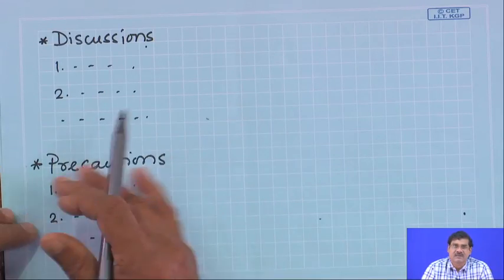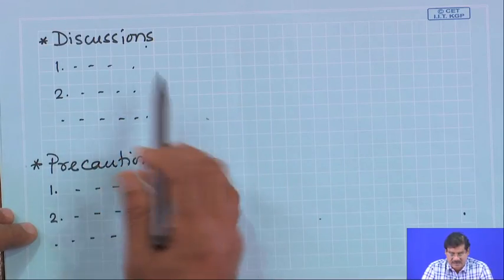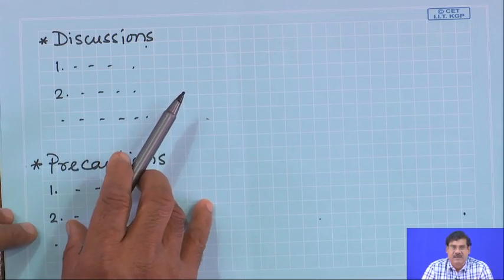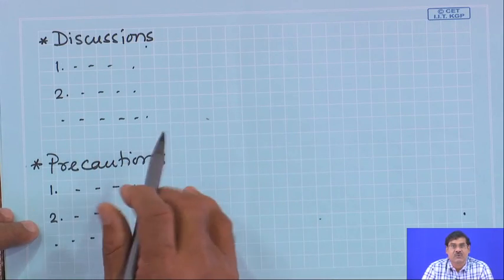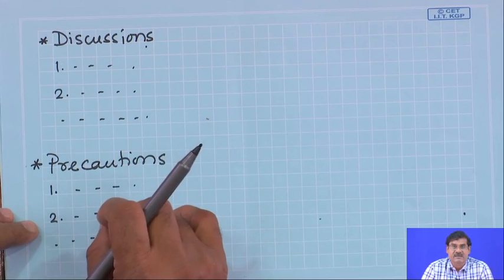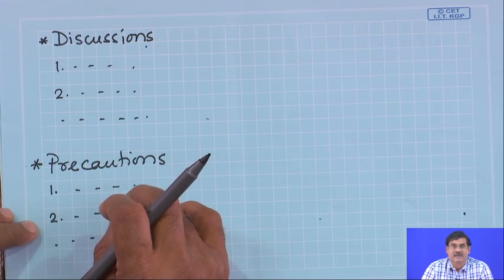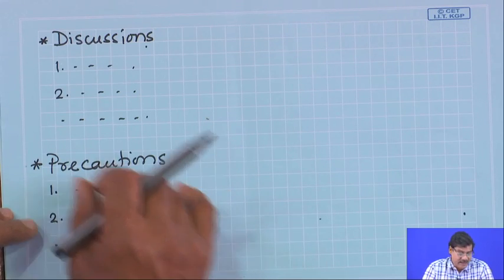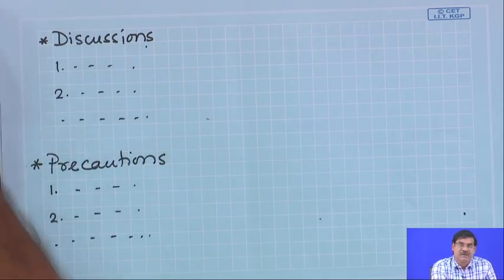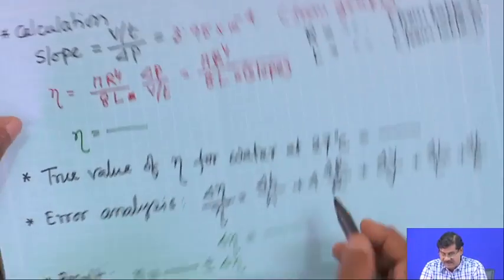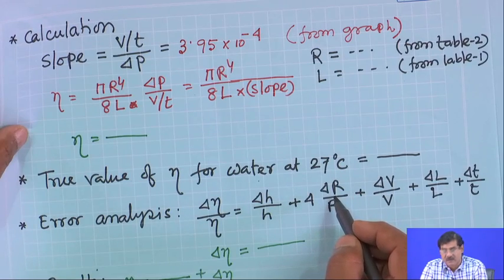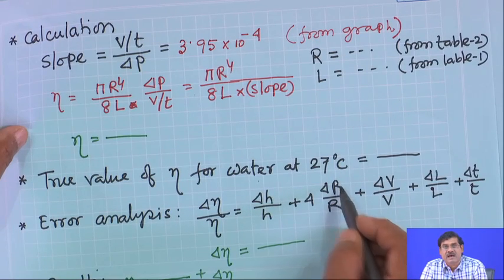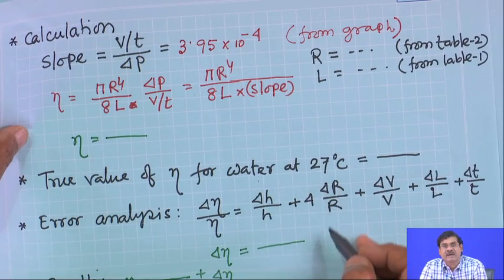This is the place where you have to mention these things, and then some precautions. Like here, r to the power 4. In the formula, radius r to the power 4. In the error you have seen that, if the error in the measurement of r is del r, it is not del r by r, it is 4 del r by r.